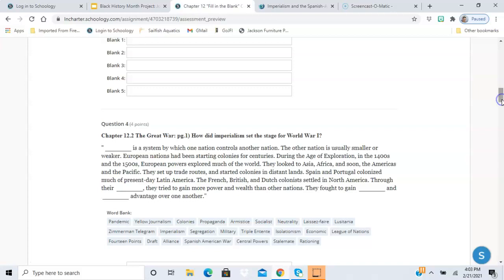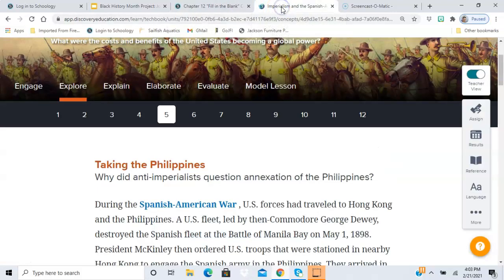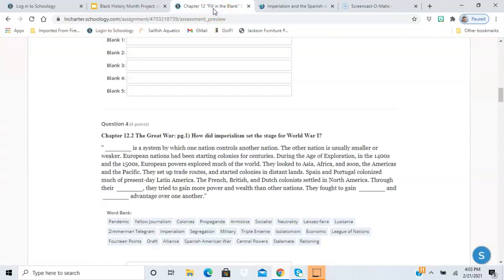So you're going, again, back and forth from the fill in the blank Cornell notes to the textbook, looking over each page because Miss Coffee gives you the section. So this one is 12.2, and she gives you the page where you can find the information. So it's very similar to the Cornell notes that we usually do, but your writing is much less, but you're still looking over and reading the information.